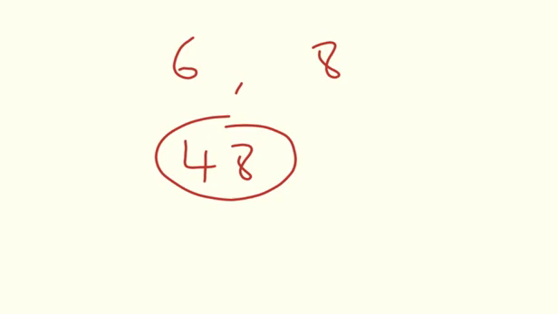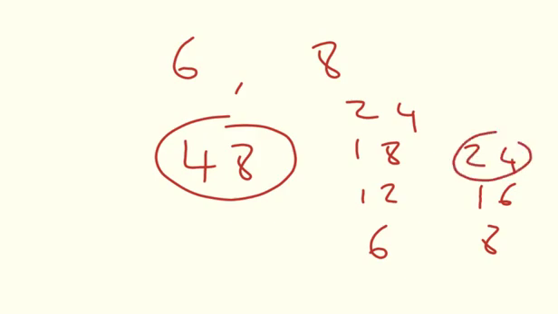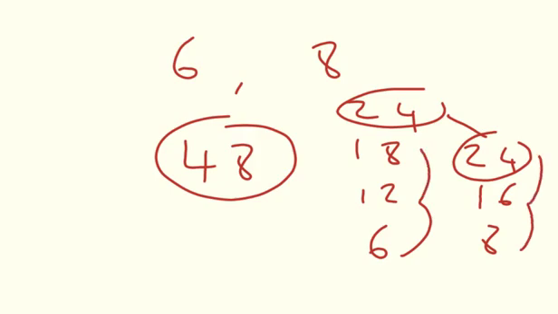Is there another number that can go into it? Yeah, so you do this. 6, 12, 18, 24. 8, 16, 24. So sometimes you don't need the grid method. You can just quickly go up the ladder in your times table and then figure out, oh, 24 is the lowest common multiple.